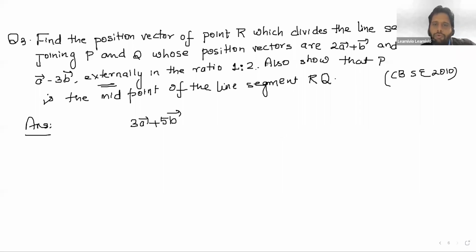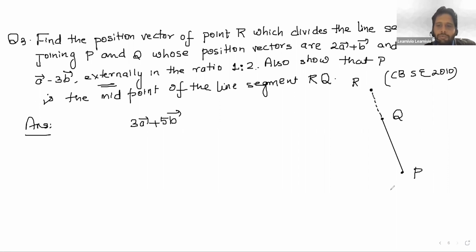Find the position vector of the point R which divides the line segment joining P and Q. Let this be P and this be Q, and their position vectors are given. You have to find R, which divides externally in the ratio 1:2.